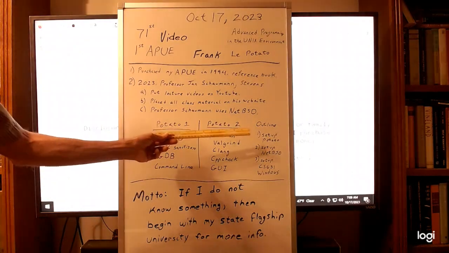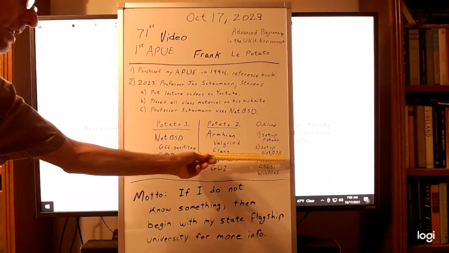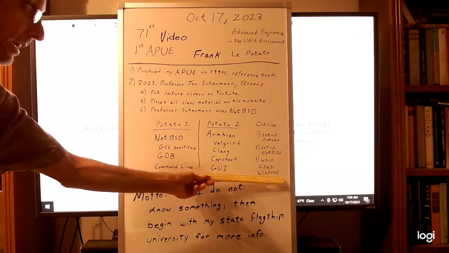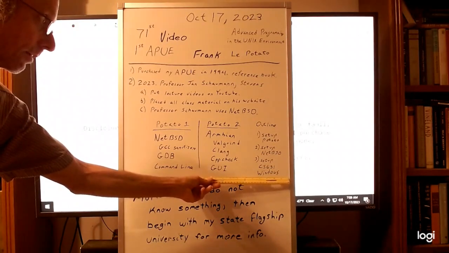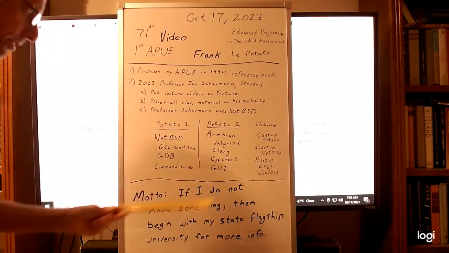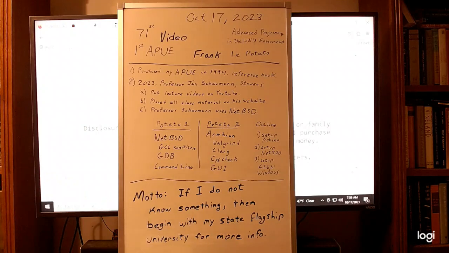Now the outline: we'll set up the potato, then set up NetBSD, and then set up the class for Windows. We're going to be going to the university to find out more.